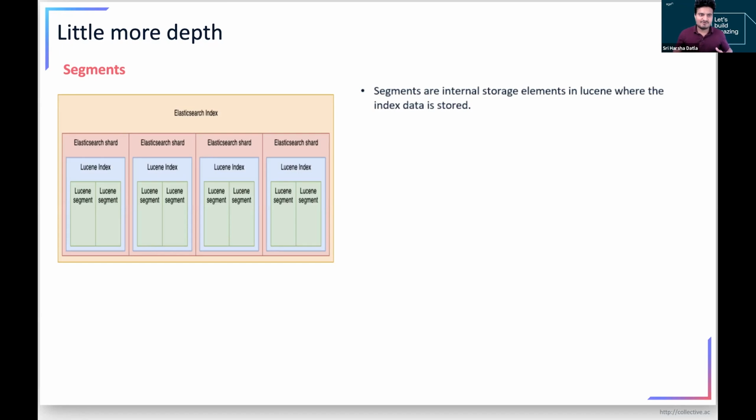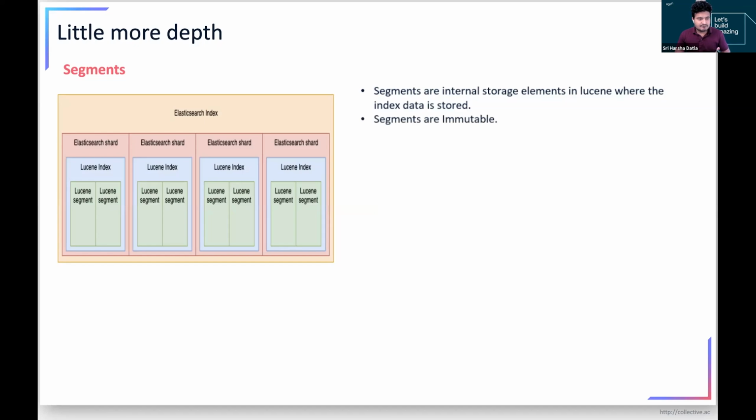I know it could be a little overwhelming, but think of it as a shard internally having a Lucene index, and the Lucene index having some tiny storage elements called segments. These segments are where the data gets stored.